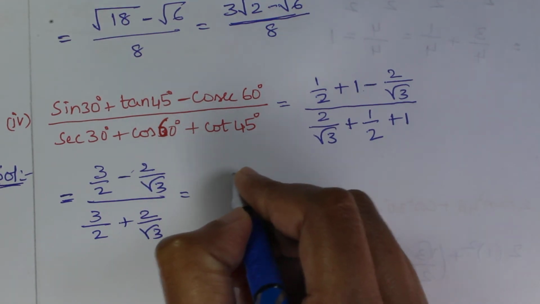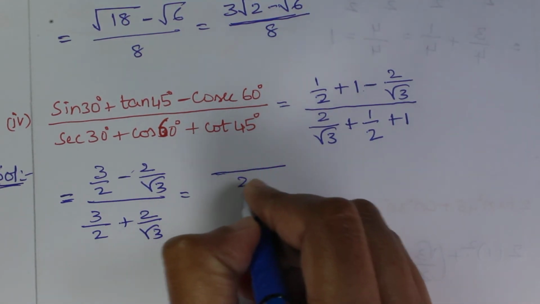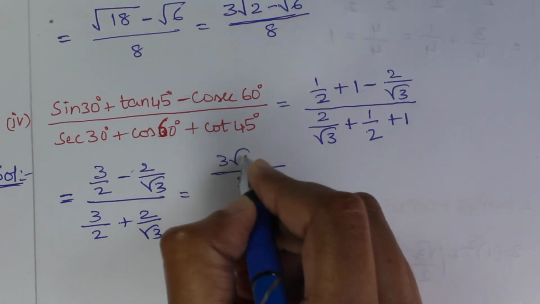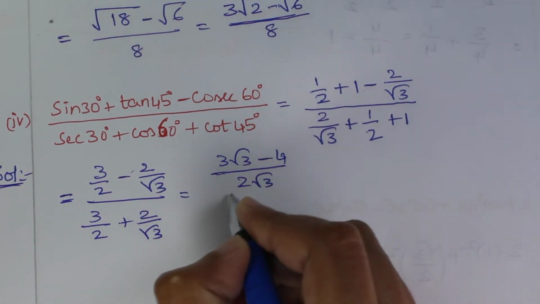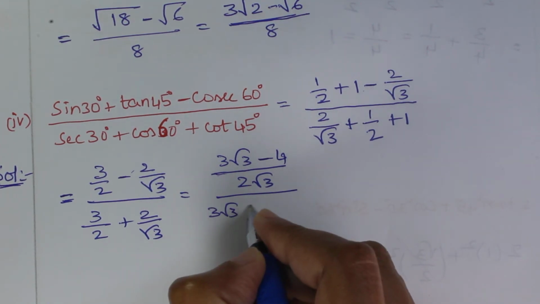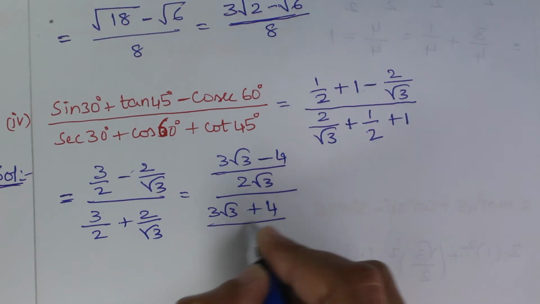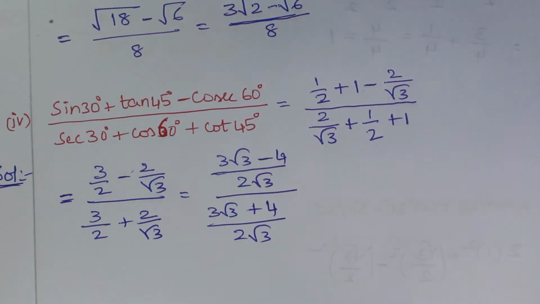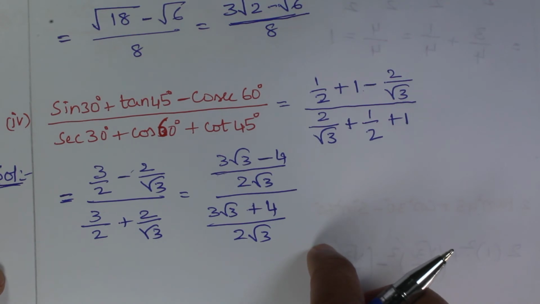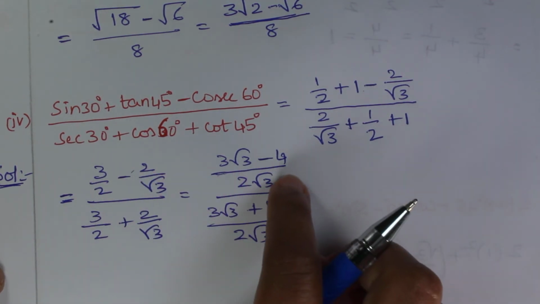That is equal to 2 root 3 into 3 root 3 minus 4 divided by 3 root 3 plus 4 divided by 2 root 3. You got it right? I have taken LCM for both the fractions and I have solved the problem.